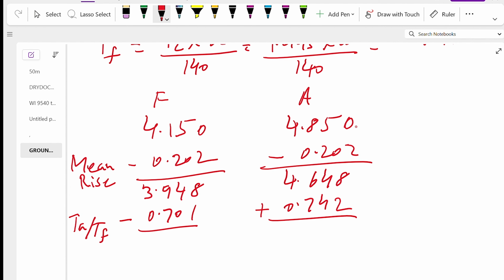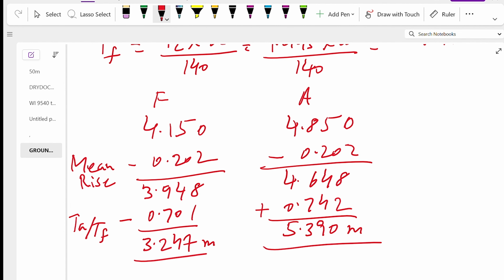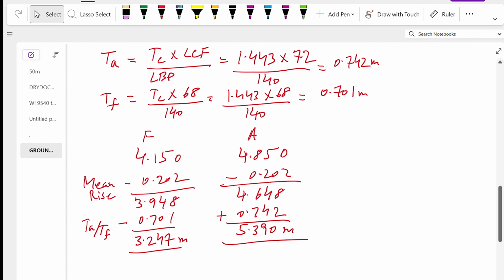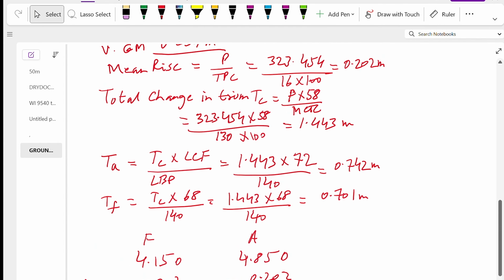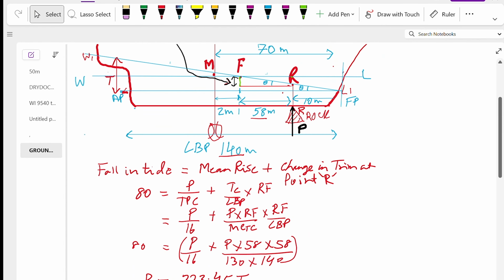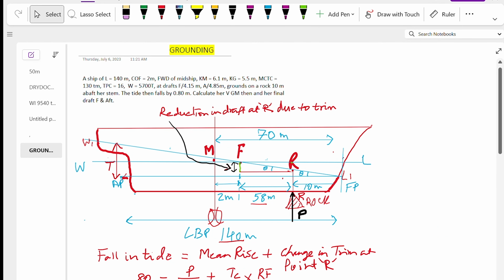So it comes to 3.247 meters and aft draft 5.39. Okay. So this is how you approach this kind of question. It's actually a sample question in the past papers.